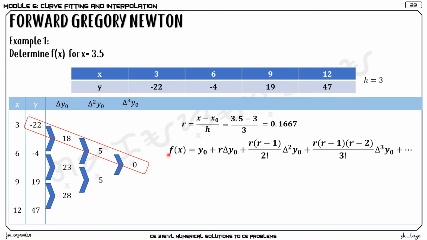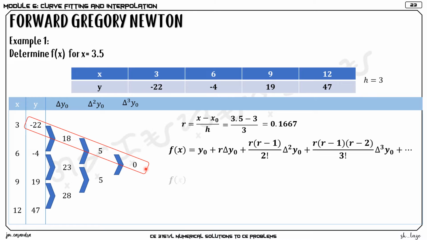And applying now our general formula for the forward Gregory-Newton. So f of x is now equal to y sub o plus r delta y sub o plus r times r minus 1 all over 2 factorial times delta squared y sub o, and so on. So we substitute all the values of our y and deltas.